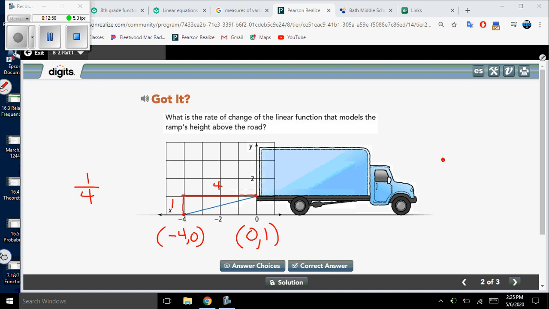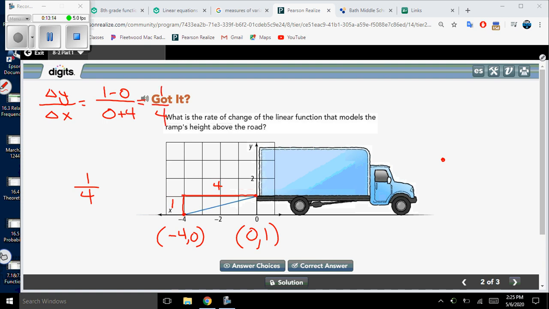You could use the difference in y over the difference in x if you wanted to. So in this case, the difference in y over the difference in x could be what? 1 minus 0. And on the bottom, it could be 0 minus negative 4, which is 0 plus 4. And so that's how we could get our 1/4.